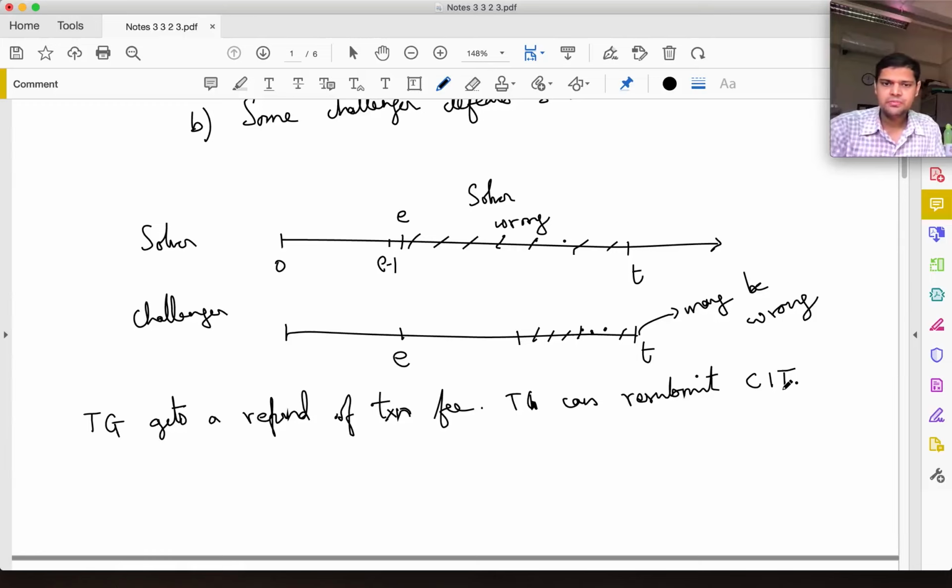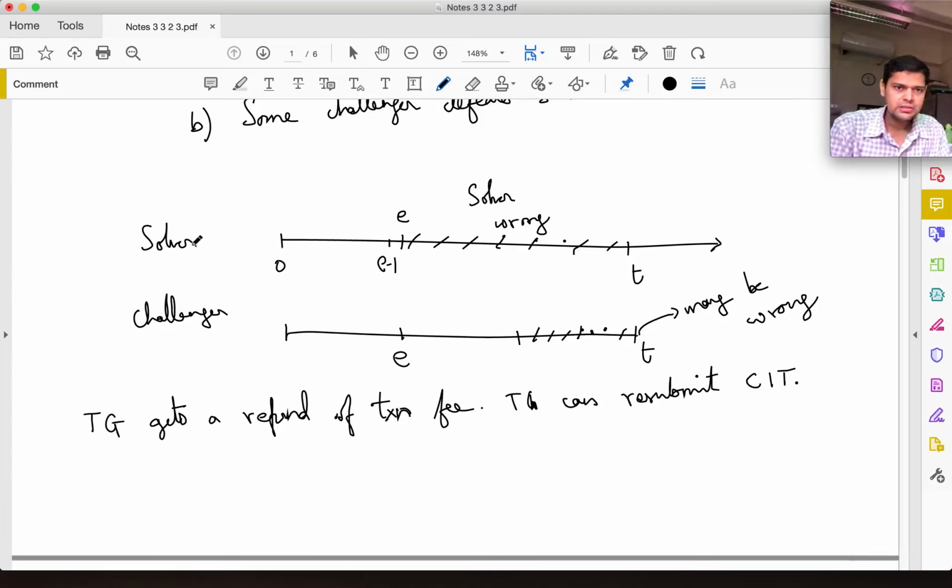Of course there may be some way to optimize this. Maybe he doesn't have to resubmit the whole CIT because it's already there on the blockchain, and maybe he puts a new transaction fee and says, I would like you to re-execute that old transaction which I put on the blockchain.